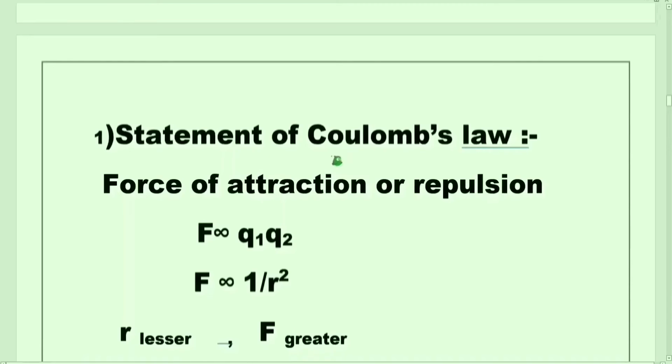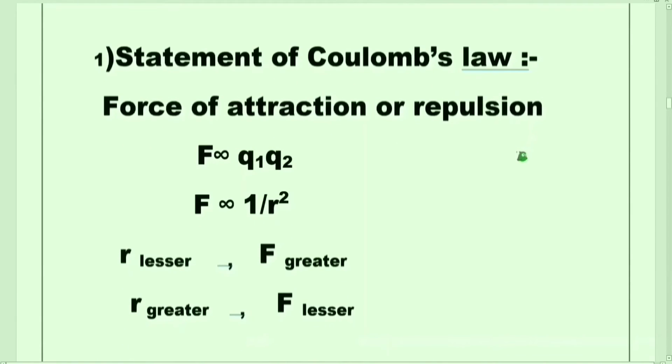First aspect is the statement of Coulomb's law. Coulomb's law states that the force of attraction or repulsion acting along a straight line between two electric charges is directly proportional to the product of the charges and inversely proportional to the square of the distance between them.